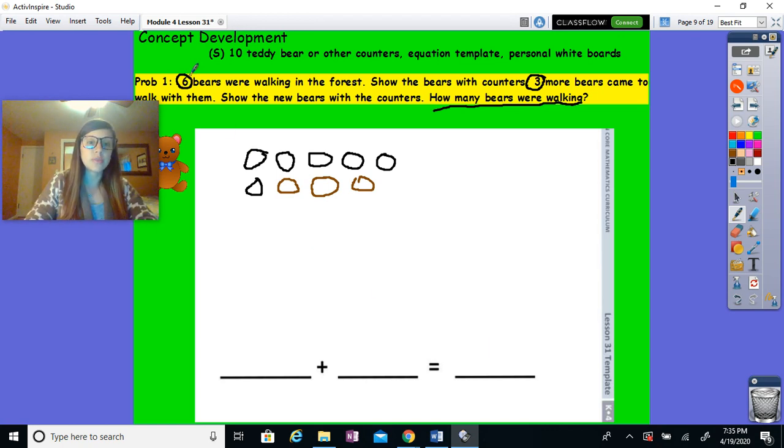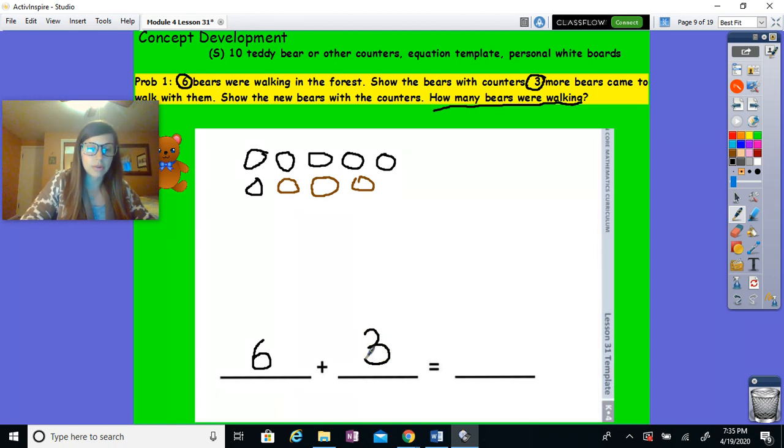Okay, so first we started with 6 bears walking in the forest. We have 6 black circles. So I'm going to write the number 6 in my first part. Plus, how many more bears came walking in the forest? It says 3 more. Let's double check. 1, 2, 3. Excellent. So we're going to write 3.